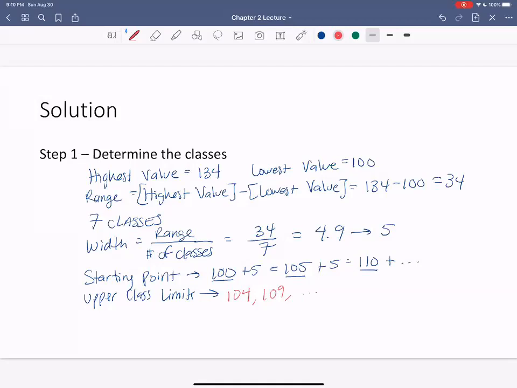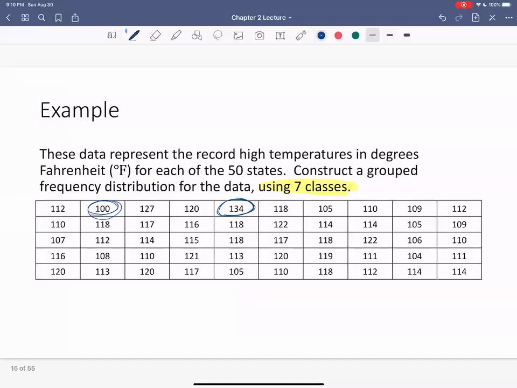Now our boundaries are where the numbers lie. Our boundaries are always 1 decimal place further than our original data. All of our data here was whole numbers, so we go to 1 decimal place. If one piece of data had any decimal at all, we'd have to go 1 place lower than that for everything.